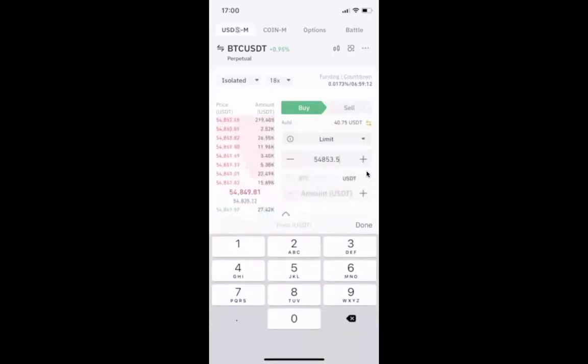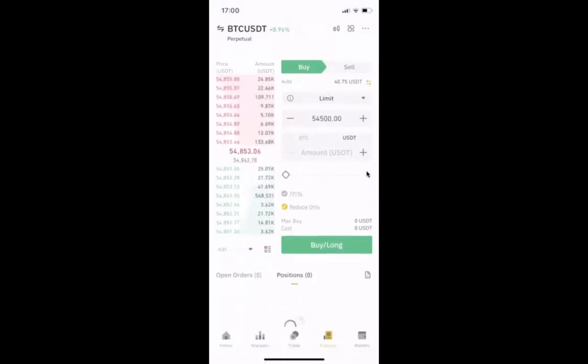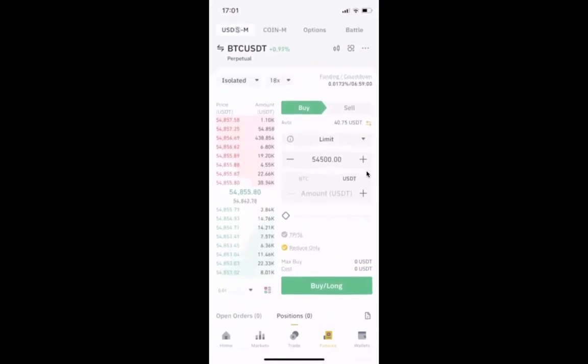Let me enter at the spot. So I think that's all. That is what we are supposed to know in futures trading.